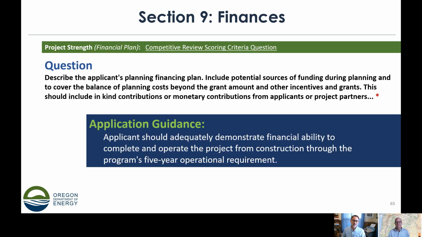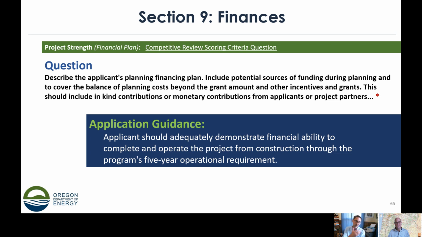And as we come towards the last part of the finances series is describe the applicant's planning financial plan, include potential sources of funding during planning, and to cover the balance of planning costs beyond the grant amount and other incentives and grants. This should include in-kind contributions or monetary contributions from applicants or project partners.